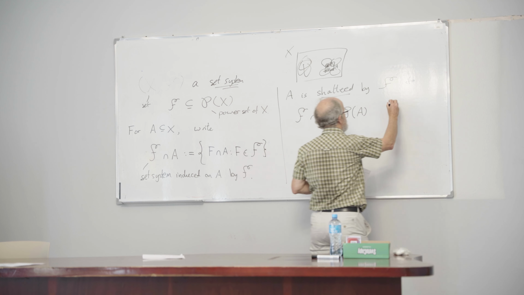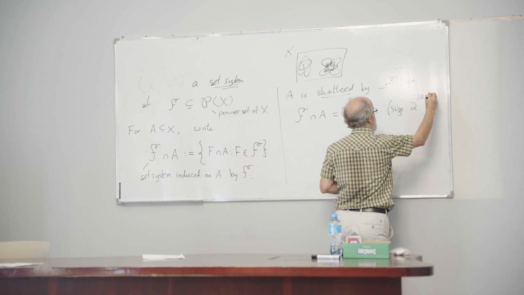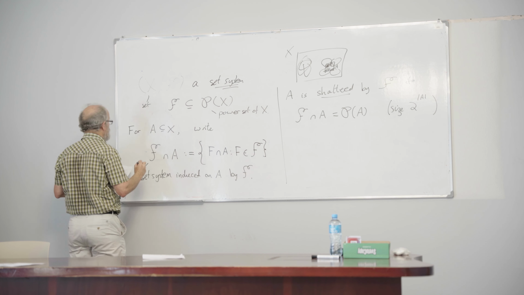So that's size 2 to the size of A. Typically, we're thinking of A as being finite. Maybe I should say, we really are thinking of A as being finite.